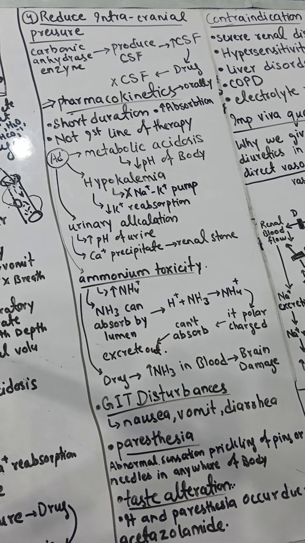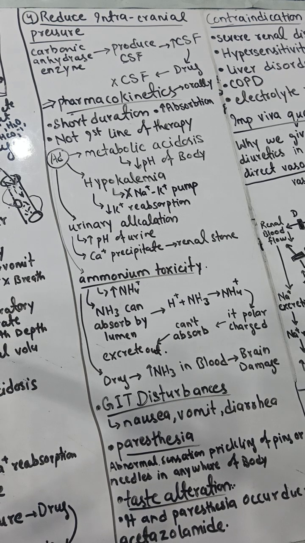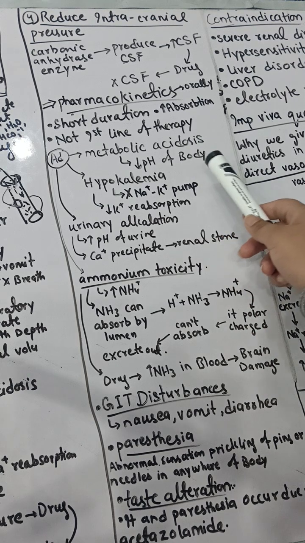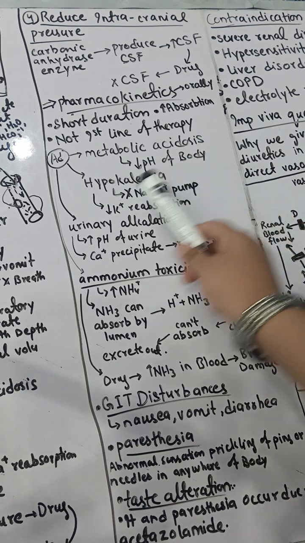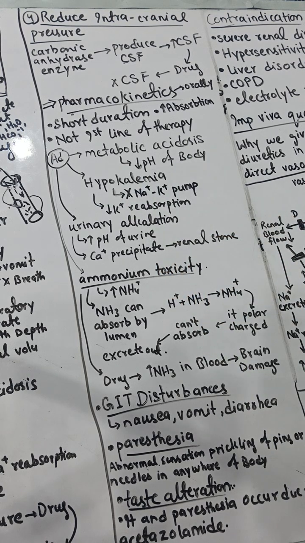The next is the adverse effects. You know, every drug has adverse effects. So these carbonic anhydrase inhibitors can cause metabolic acidosis, a decrease in the pH of your body. They can cause hypokalemia because of decreasing the reabsorption of sodium. They also decrease the potassium reabsorption by inhibiting the pump.